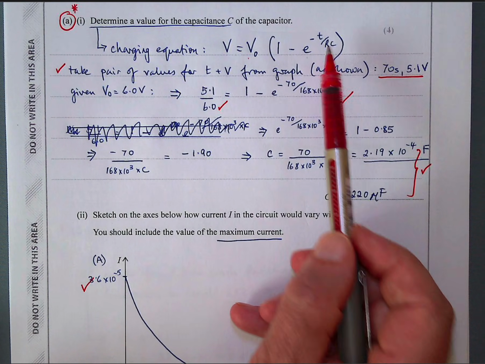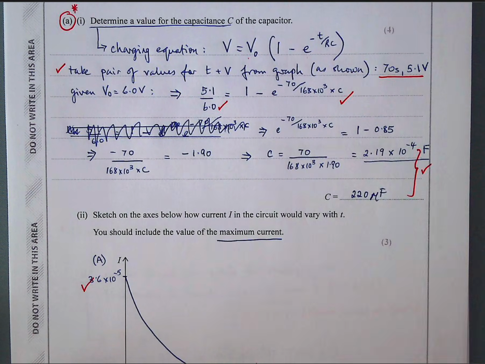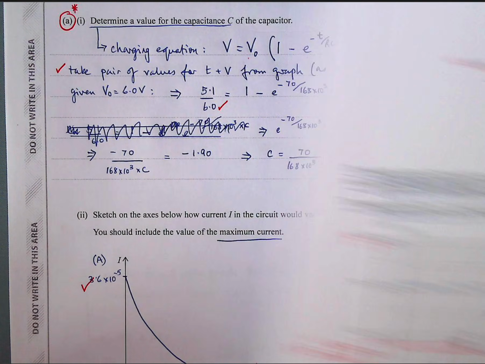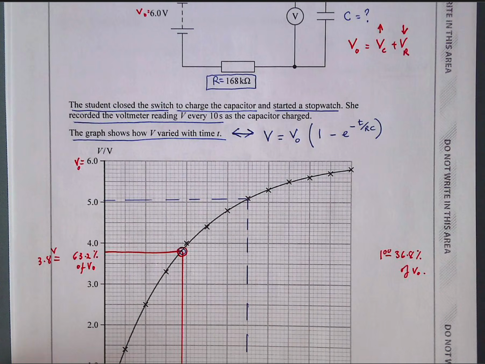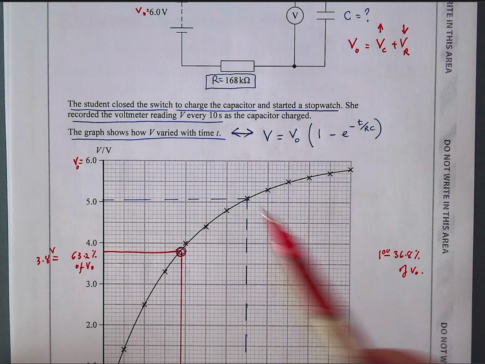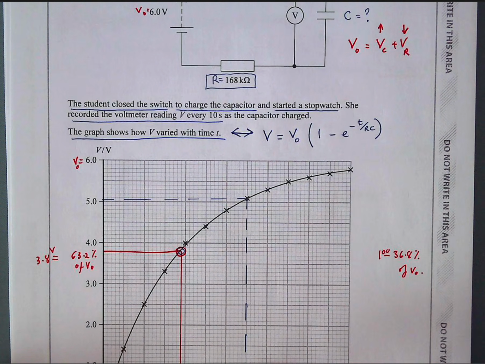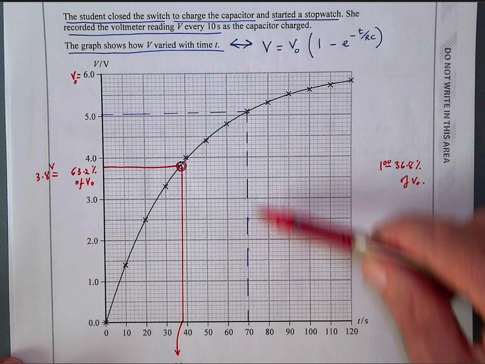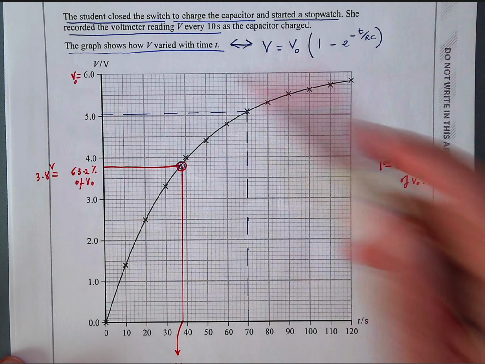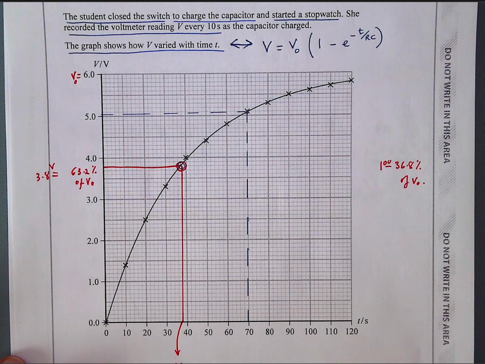R we're given. Okay, so if we take a value from the graph, you need a pair of readings to be able to use this equation. So I've taken the value that the examiners are using, which is at 70 seconds. They use 70 seconds because it gives them an answer of 5.1 volts.